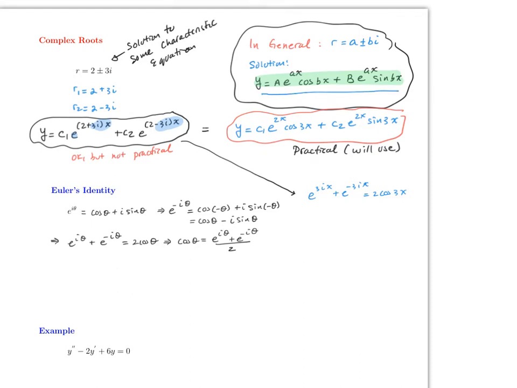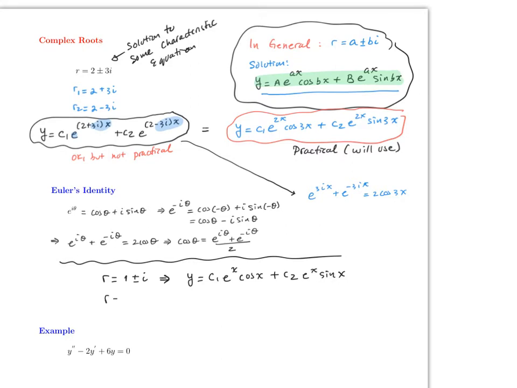For example, if you end up with this, let's say that r is equal to 1 plus or minus i. That means that the solution will be y equals c1 e to the x cosine x plus c2 e to the x sine x. That's it.